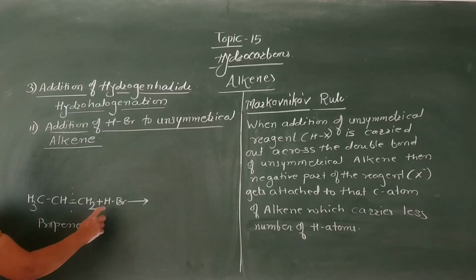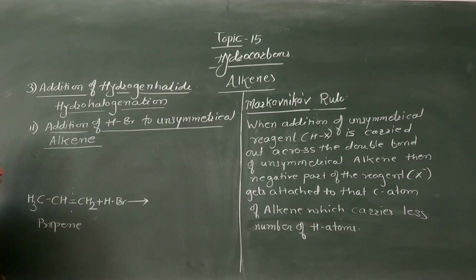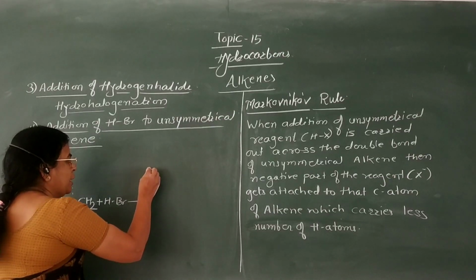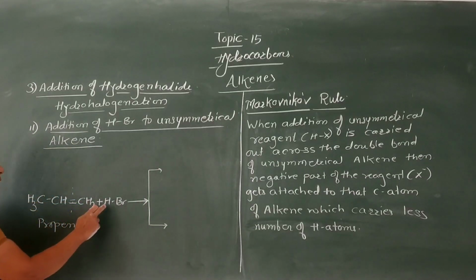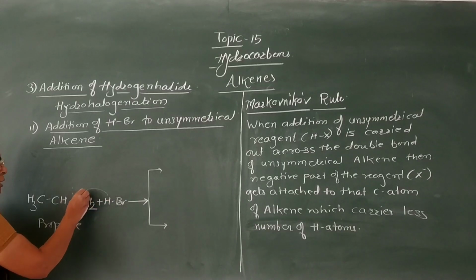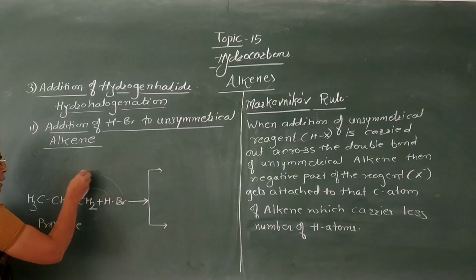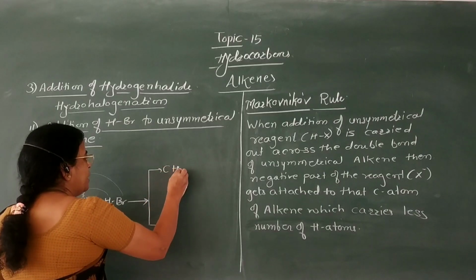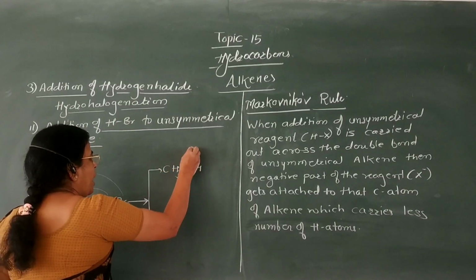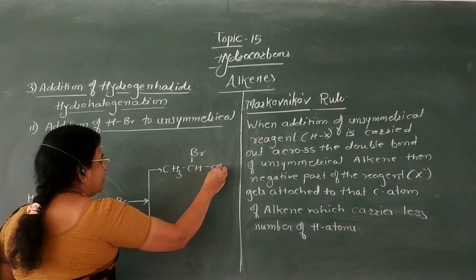Now when addition of HBr is carried out, then formation of 2 products takes place. That is, if this hydrogen atom goes to this carbon atom and this Br gets attached to this carbon atom, then we'll get CH3, CHBr, CH3.